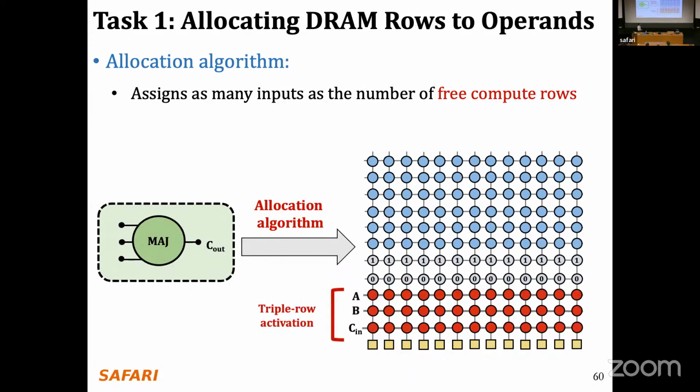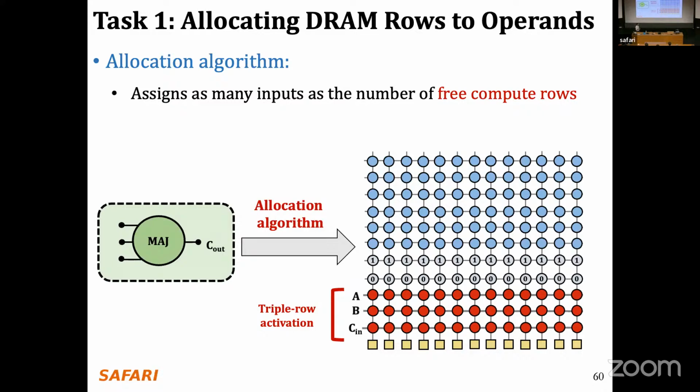The second step is going to take into account the structural behavior of the triple row activation itself. Over here I only have one example, but imagine that there are other majority gates connected to the output of this one here, right?